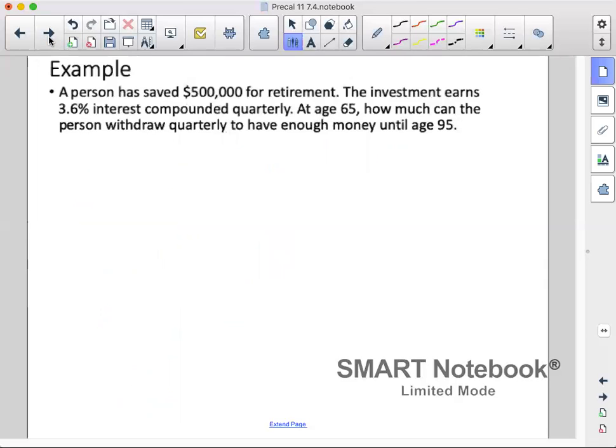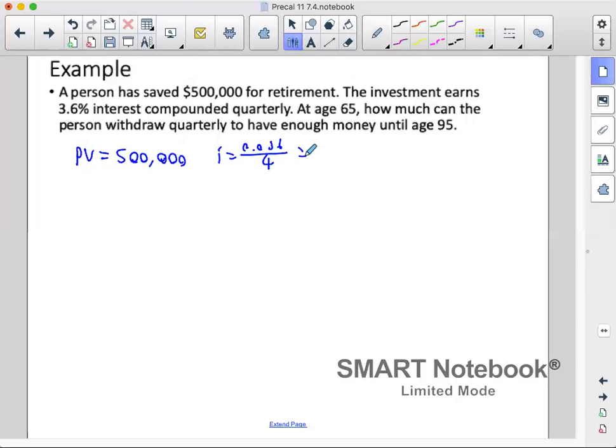Okay, next example, a person has saved $500,000 for retirement. So that's going to be their present value. The investment earns 3.6% compounded quarterly. So we know our interest is 0.036 quarterly, so divide by 4.